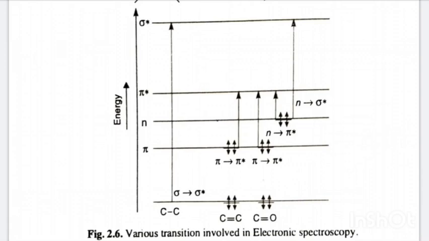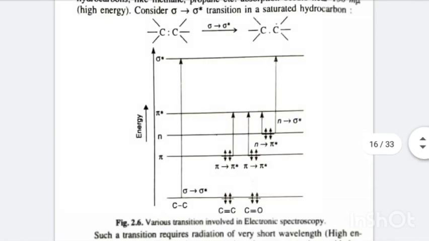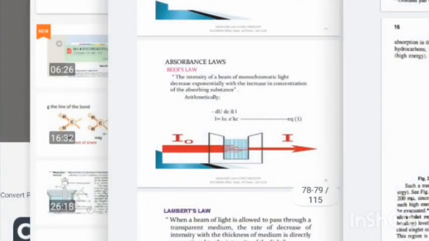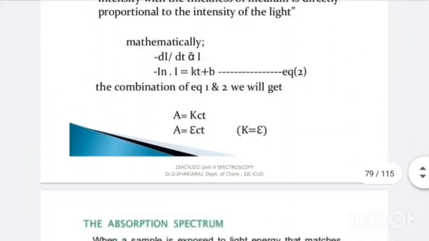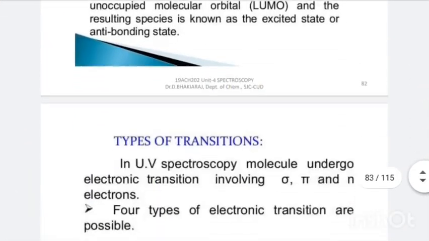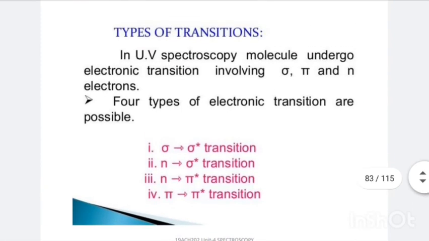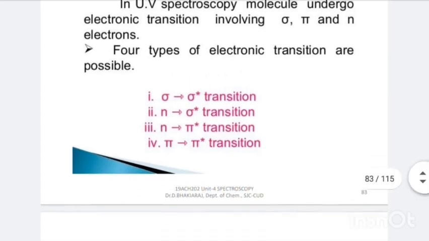These are all the 4 types of transitions possible when you are passing ultraviolet and visible region of light to the chemical compounds, molecules.